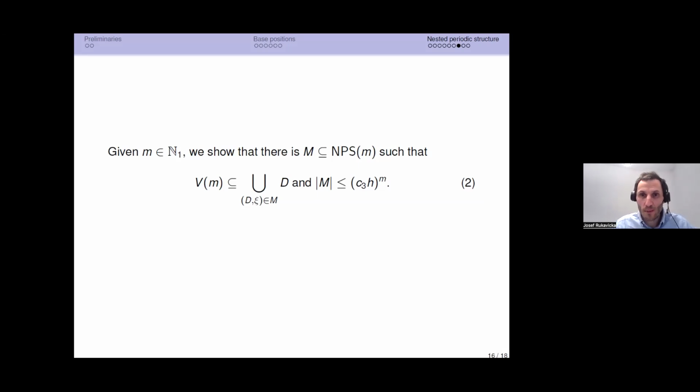So I have some bounded number of nested periodic structures, and the positions that I can achieve using concatenation of m palindromes are a subset of the union of these nested periodic structures, if we consider nested periodic structure as sets of positions.